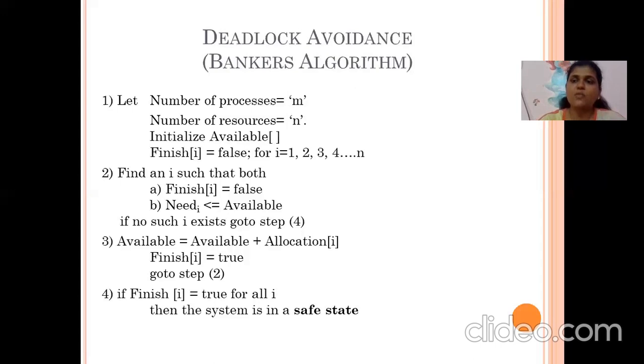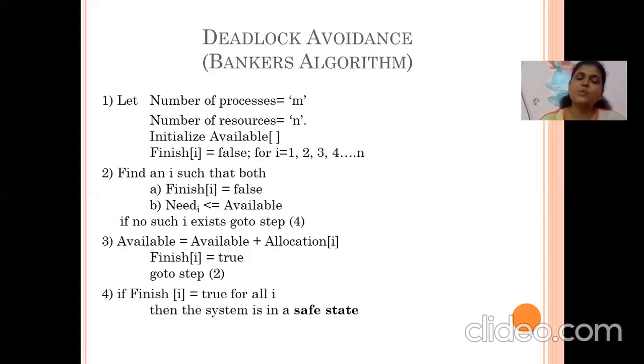If finish of I for each process is true, then we say the system is in a safe state. That means there is no chance of deadlock to occur. This way, we will first check whether the system is in a safe state or not. If the system is in the safe state, then we will allow the processes present in that system to execute.